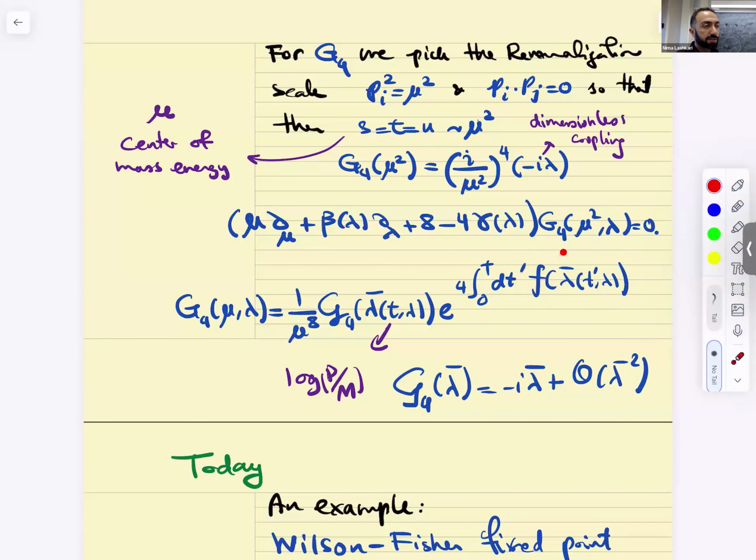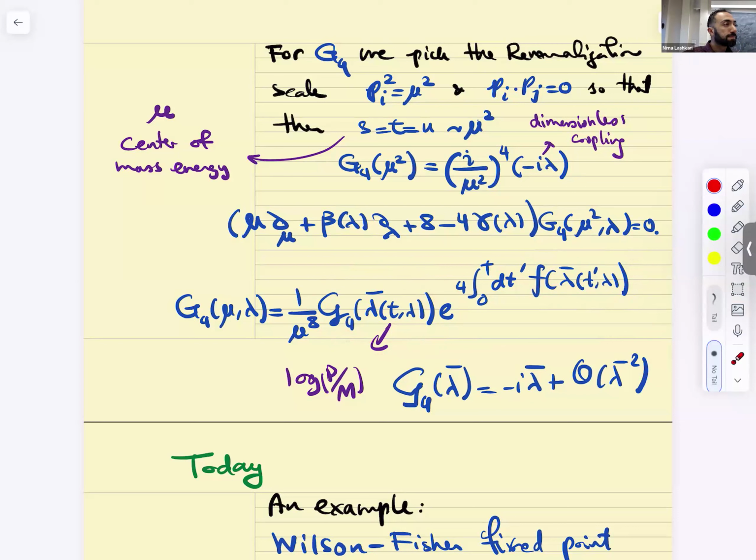This is just a good old thing that we had, 2 times 1 minus gammas. But to solve for lambda bar, you have to solve beta functions, right? So you integrate beta functions, you find the couplings along the flow, and then you plug them in. This depends on the theory, of course.